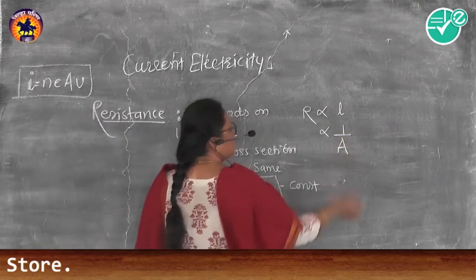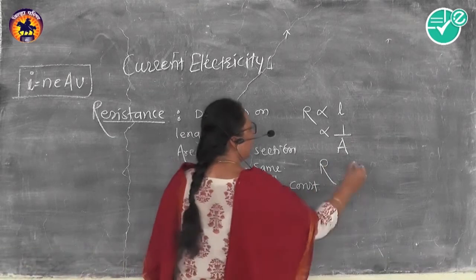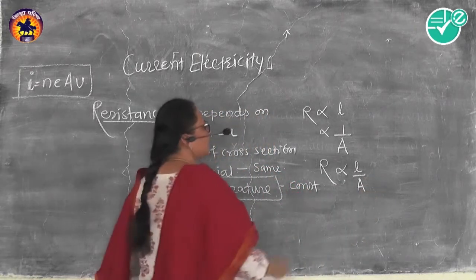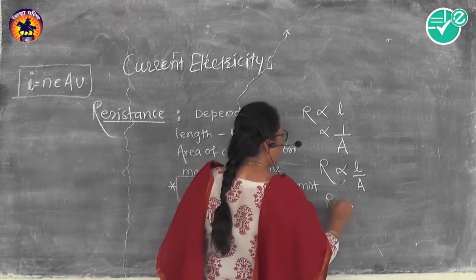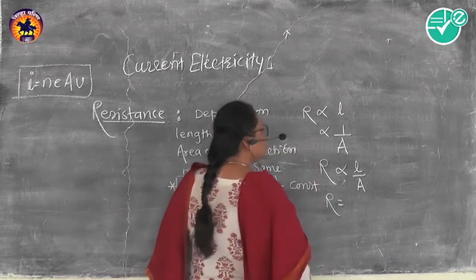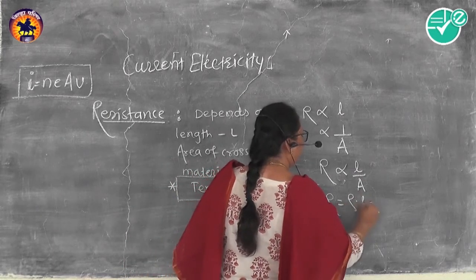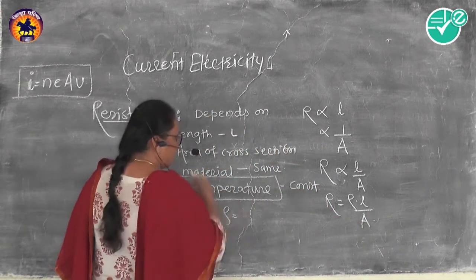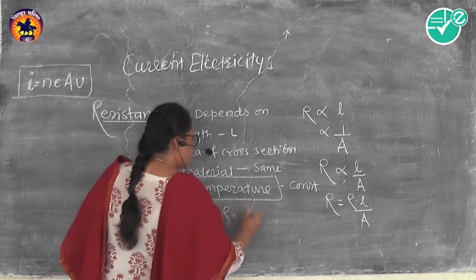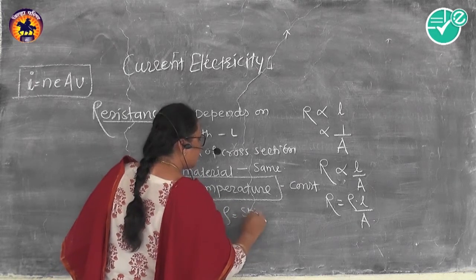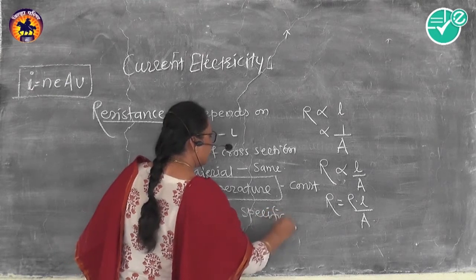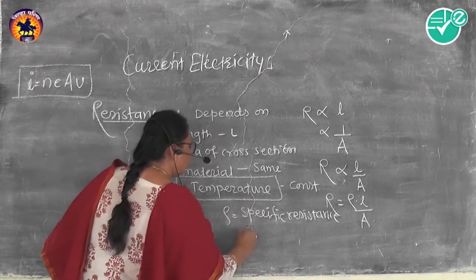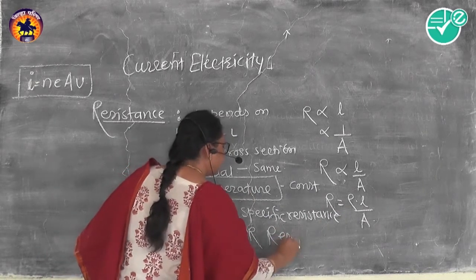If we combine these two relations, finally we get R is directly proportional to L by A. And if we remove the proportionality sign, you will get R is equal to rho into L upon A, where rho is, as I have stated earlier, specific resistance, or it is also known as resistivity.